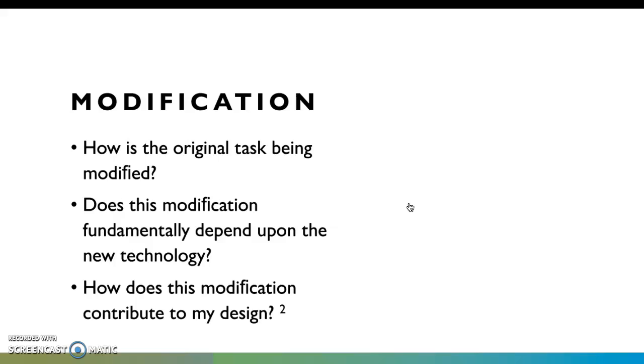Modification would be, I need to ask myself, how is the original task being modified? Does this modification fundamentally depend on the new technology I want to use in the classroom? And does this modification contribute to my classroom design and the design of my class?